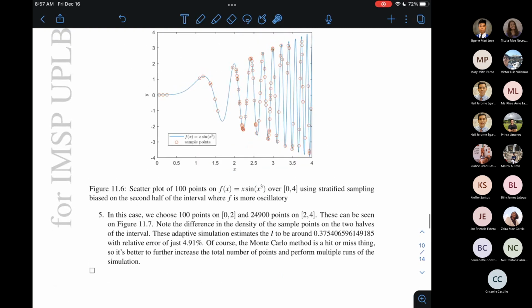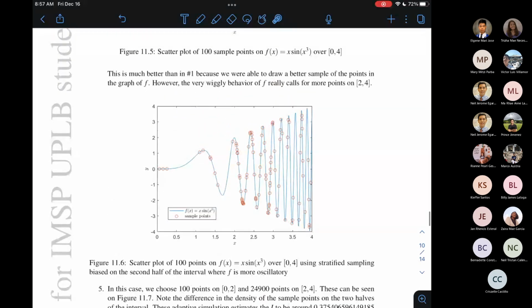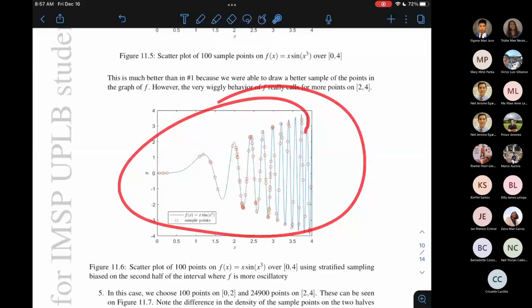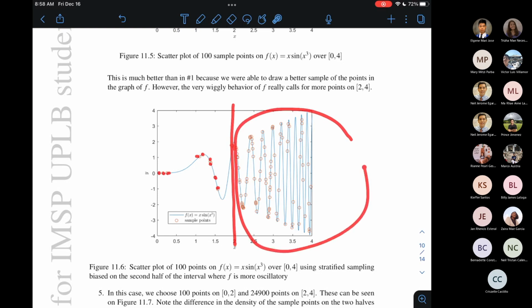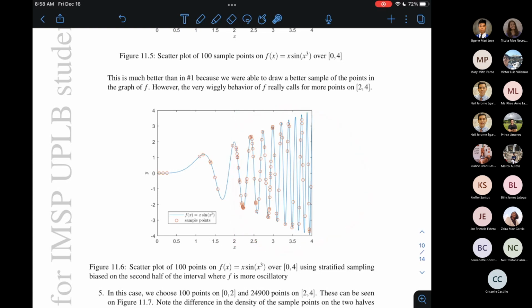So, yeah, ito yung itsura ng 10 plus 90 na discrete na randomization. So 1, 2, 3, 4, 5, 6, 7, 8, 9, 10. So these are the 10 points na inallocate natin sa 0 to 2, and then the overwhelming majority of the points were allotted from 2 to 4.